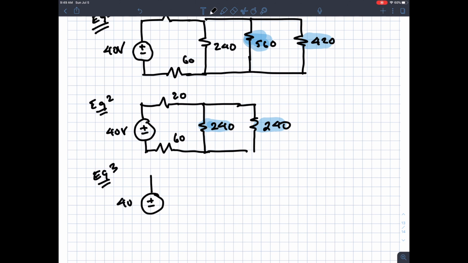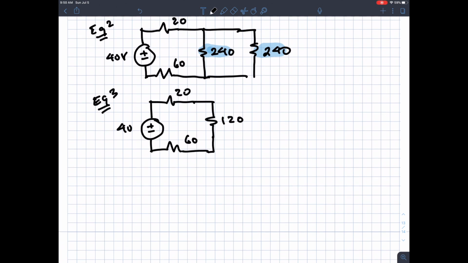The 40 stays the same, the 20 is the same, but now I combine the 240s into an equivalent parallel combination. 240 times 240 divided by the sum is 120. If you have the same value of resistance and you put it in parallel, it just divides it by 2. It's just a mental shortcut. And I keep forgetting that 60 ohm resistor.